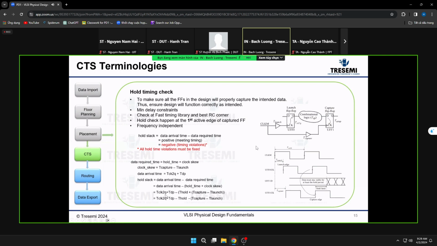So the overall equation is clock to queue plus combo delay minus hold minus clock skew. So notice this is minus clock skew, versus plus clock skew in the setup time. So this is very important.